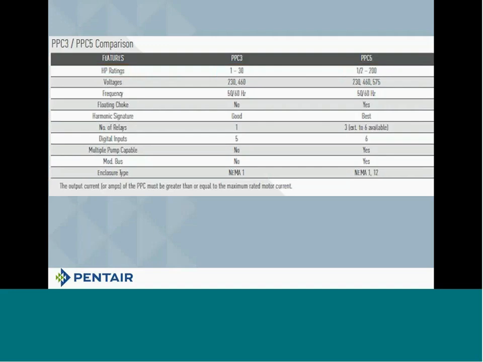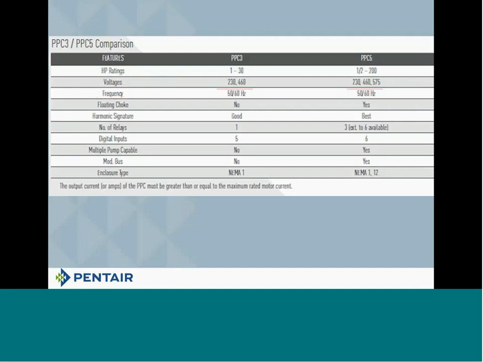The voltages: the PPC-3 is only set up to be run here in the United States or in Canada as long as they don't require 575, because it won't go to 575. The PPC-5 is set up so that you can run it at 575 volts, which up in Canada, sometimes that's what they do. Okay? Your frequencies are going to be 50, 60 hertz. Okay, either one of them.